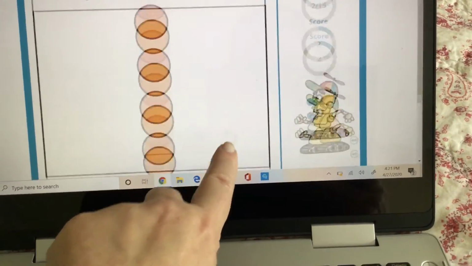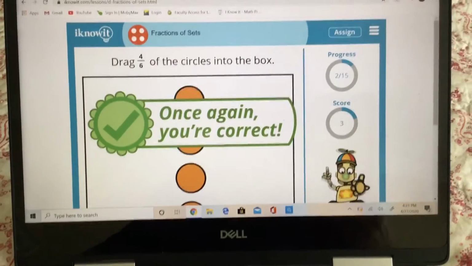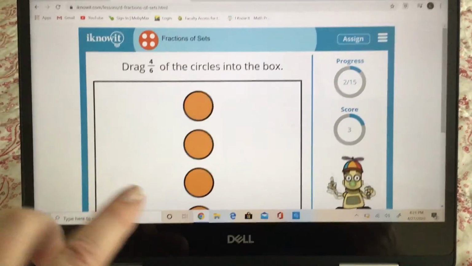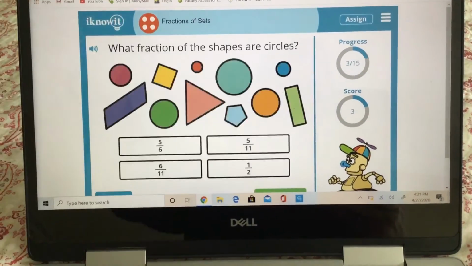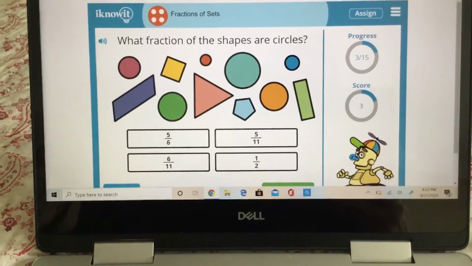Okay, so make sure that when you're dragging something, it's up high.